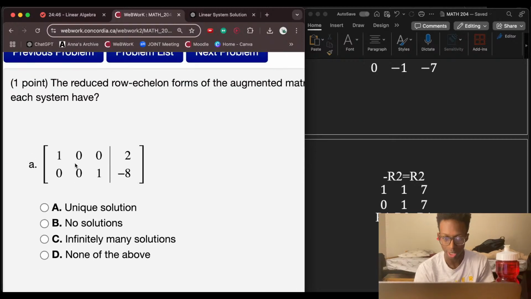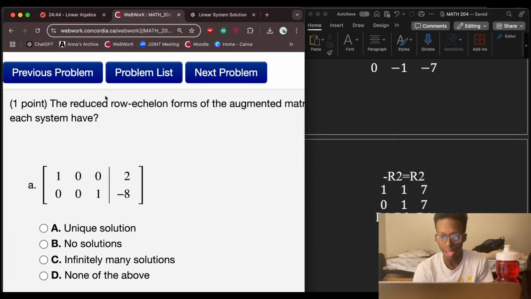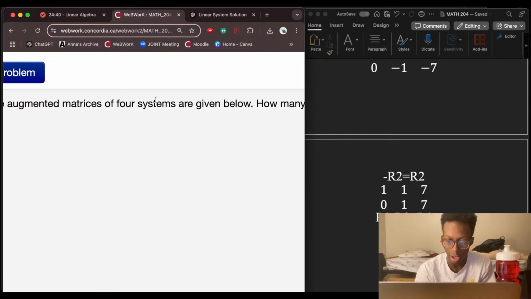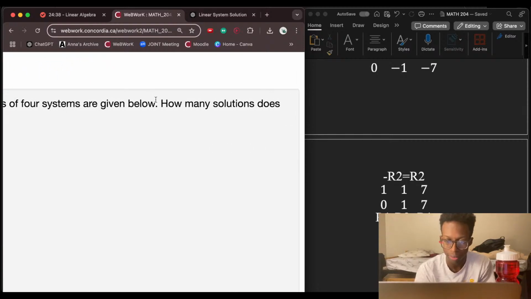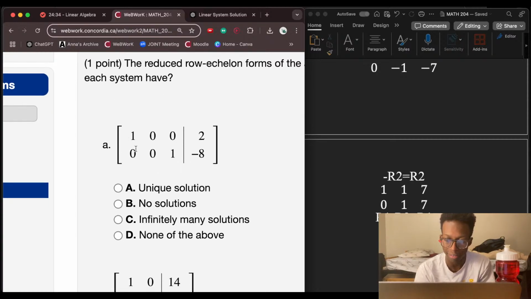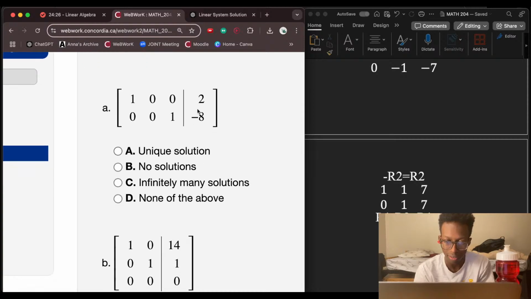So the question states, the reduced row echelon forms of the matrices of 4 systems are given below. How many solutions does each system have? We got 1, 0, 0, negative 2, 2, then 0, 0, 1, negative 8.